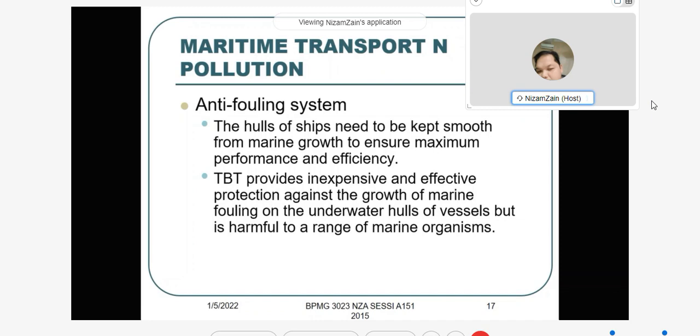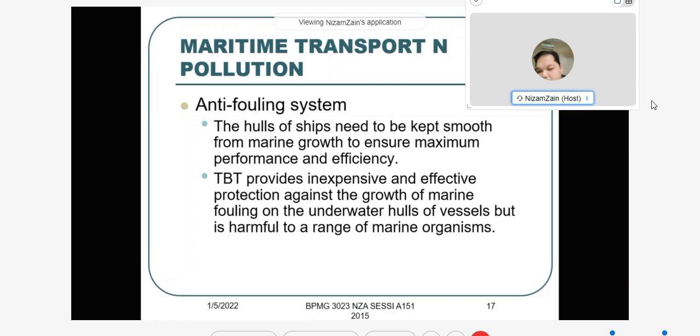If you allow this and you don't clean it, it will affect the operations of the ships, the efficiency of the ship operations, because it creates resistance to the ship's mobility. When it's resistant, definitely the ship will consume more energy to overcome this, because they need more energy to get higher speed moving the ships, right.